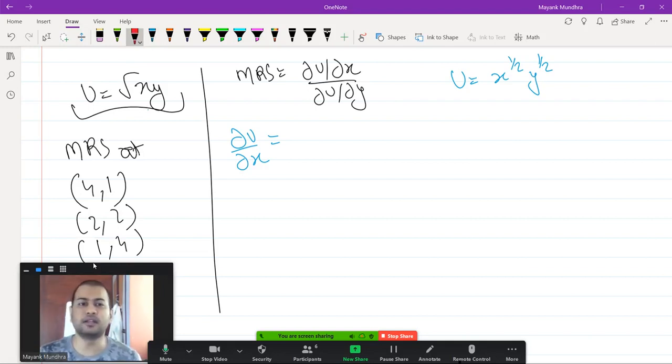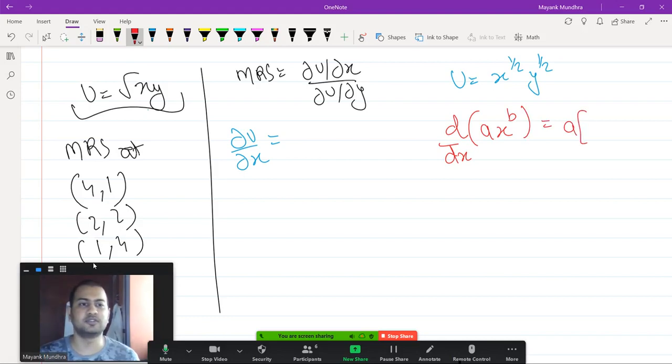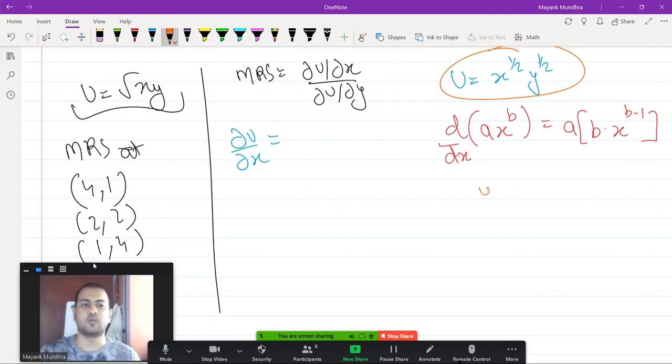Now remember that differentiation of a x to power b is a times b into x to power b minus 1. Okay. So I can write this function as y to power half into x to power half.